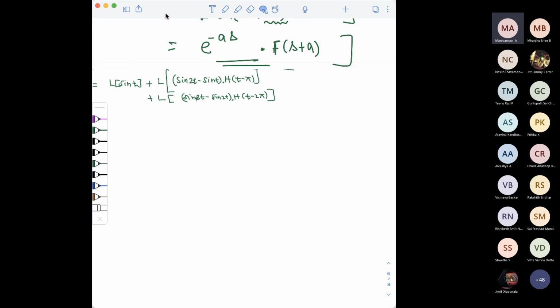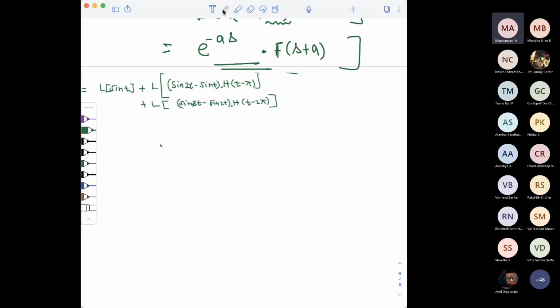So now we are going to calculate this. For this, the Laplace transform of sin t is 1 divided by s square plus 1 square. Then remaining here, the Laplace transform of sin 2 times t minus pi.